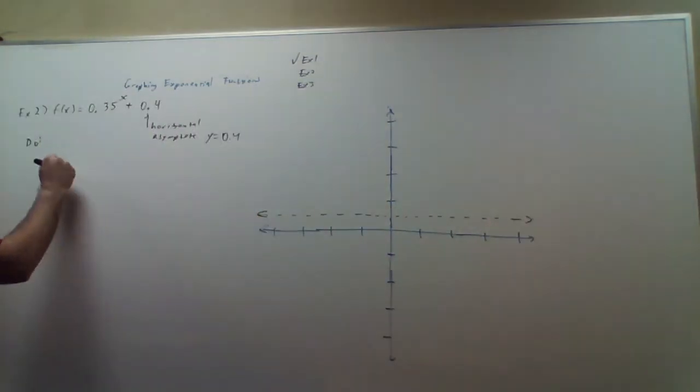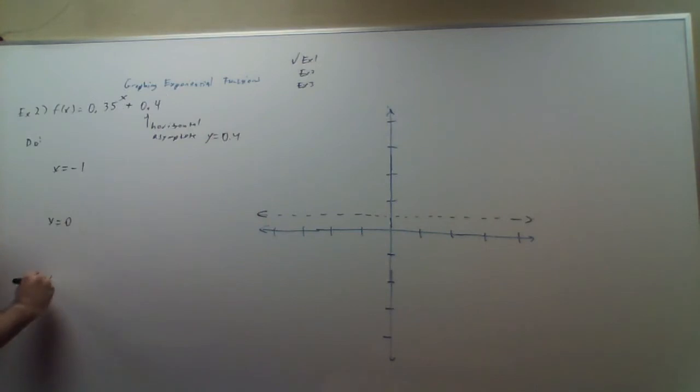Again, we're going to use x equals -1, x equals 0, x equals 1.